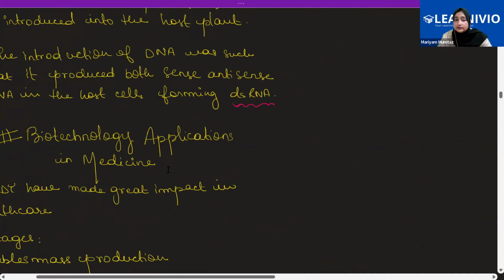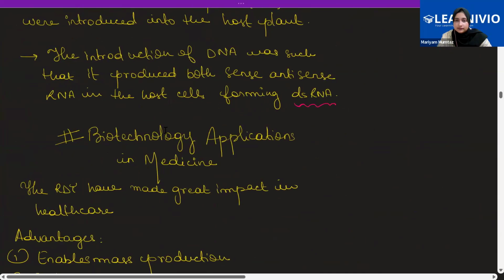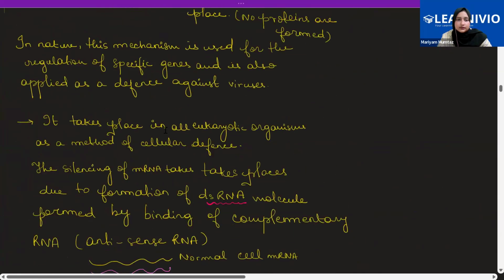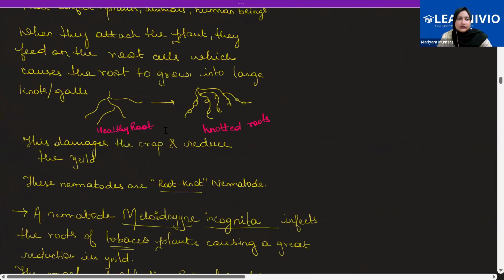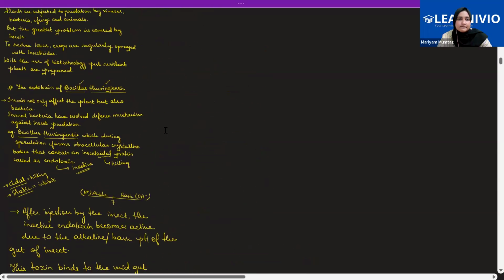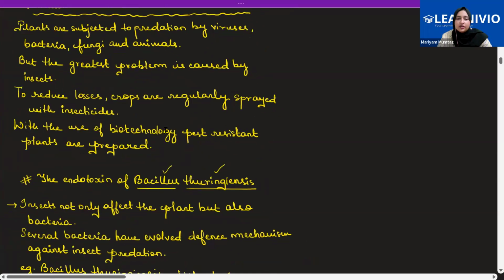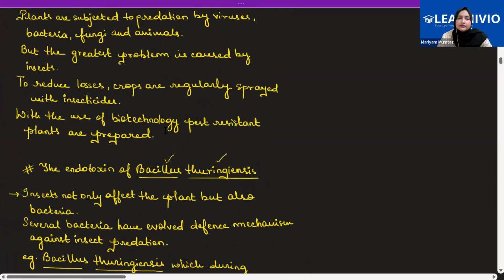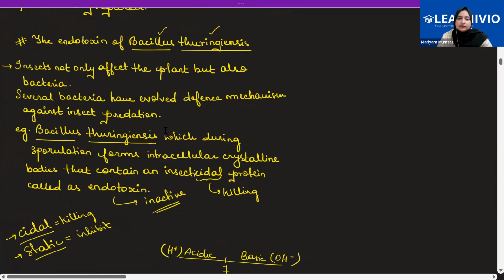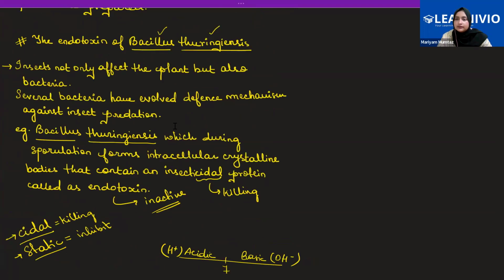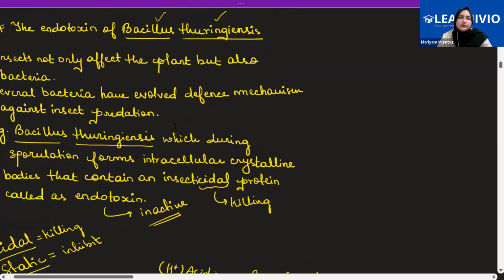Plants that make their own insecticides. Which line here? Endotoxin part is done? Part before this? Or you people right now?